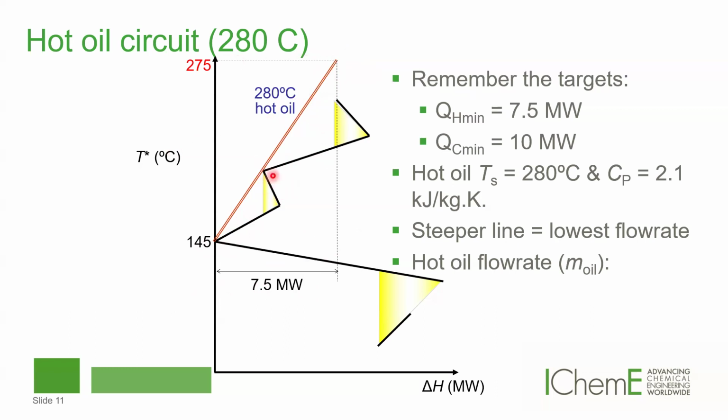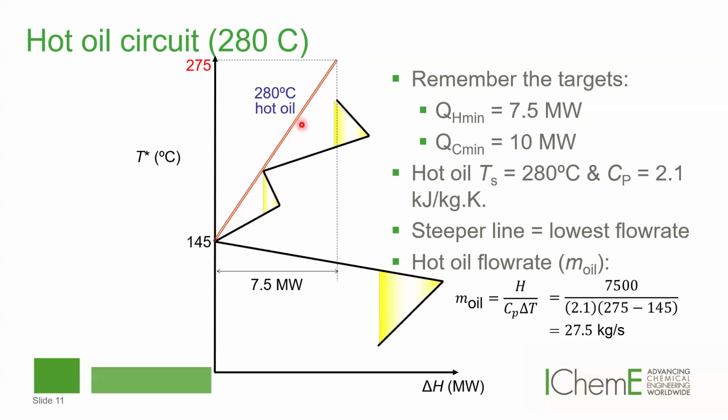That's why at this point they're just touching. They're just touching because we need to keep it above the grand composite curve. So doing this method would help us easily determine the flow rate of the hot oil.